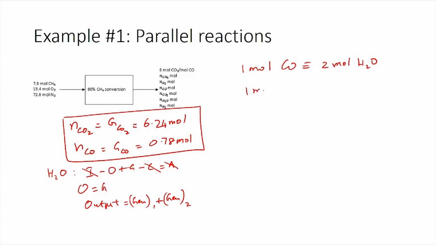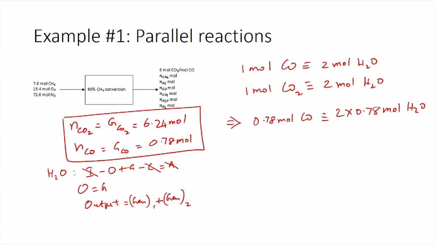Similarly, for every mole of CO2 generated in reaction 2, you have 2 moles of water generated. Therefore, 0.78 moles of CO generated implies 2 times 0.78 moles of water generated by reaction 1, and 6.24 moles of CO2 generated by reaction 2 implies 2 times 6.24 moles of water generated by reaction 2.